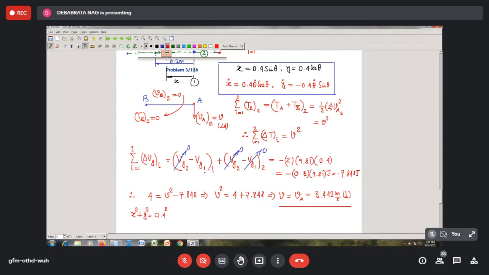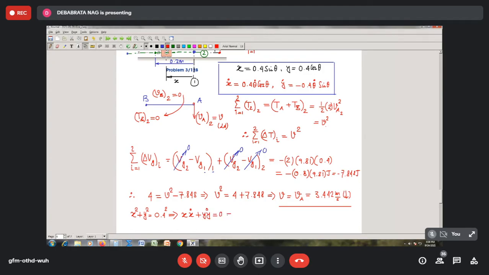If I differentiate this relation with respect to time, we have seen such relations in our constraint motion chapter, kinematics. So if you differentiate this relationship with respect to time, what you are getting is x into x dot plus y into y dot, that turns out to be 0.